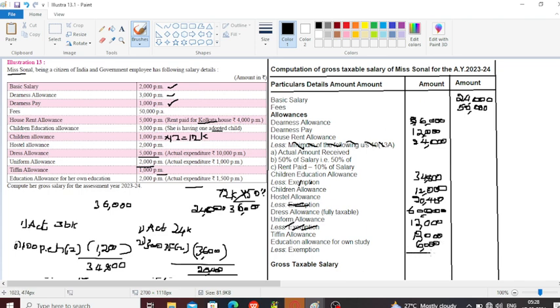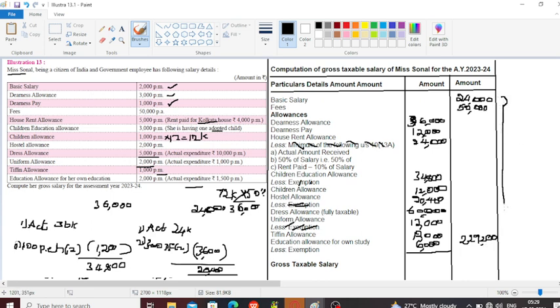If you add all the allowances, this one is 36,000 plus 12,000 plus 24,000 plus 34,800 plus 12,000 plus 20,400 plus 60,000 plus 12,000 plus 12,000 plus 6,000. That is 2,29,200.